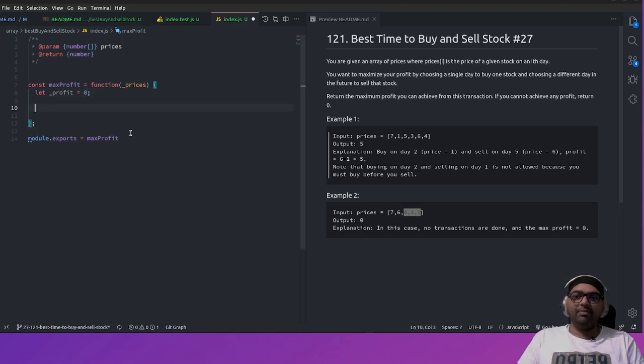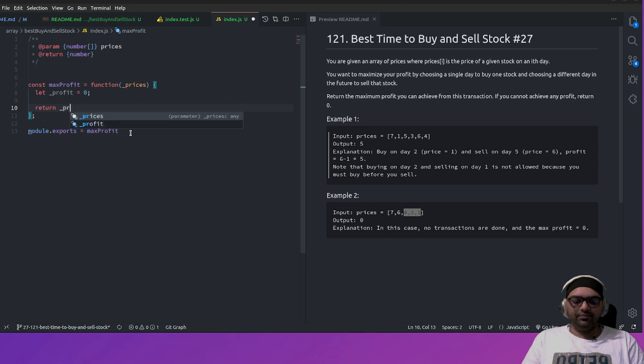It's also a practice to write an underscore before the variable name, because it's more convenient, as it gives you an identifier. So return _profit, so we get the profit.